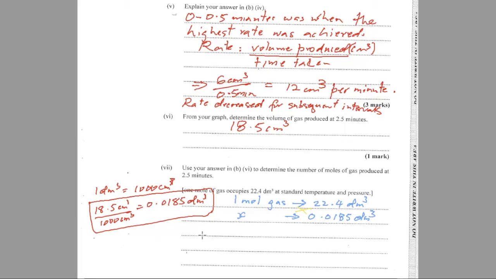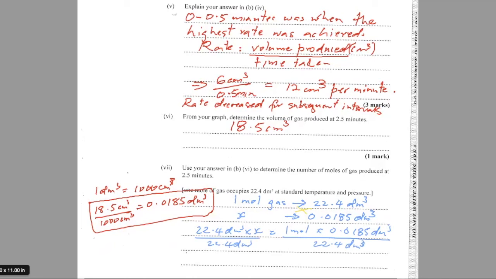So it means then that 22.4 dm³ times X is equal to 1 mole times 0.0185 dm³. And if we want to make X the subject, we have to get rid of everything that's around X. So we'll need to divide by 22.4 dm³ on both sides.